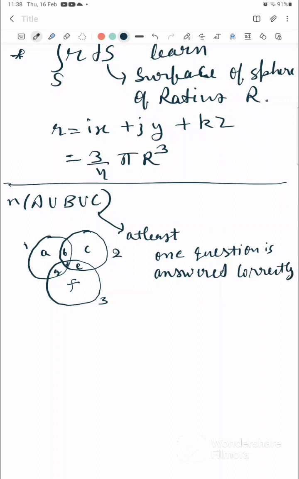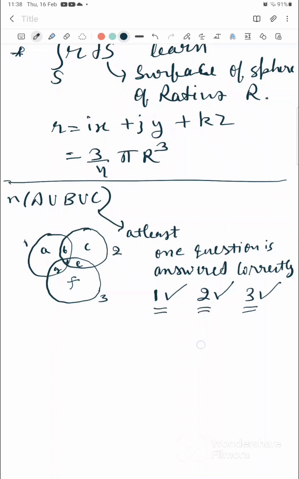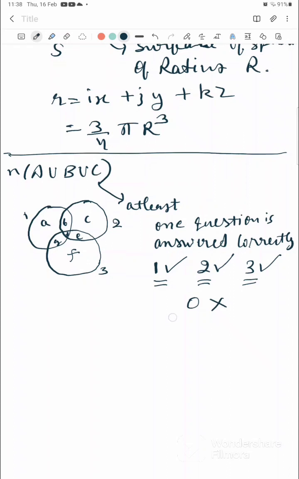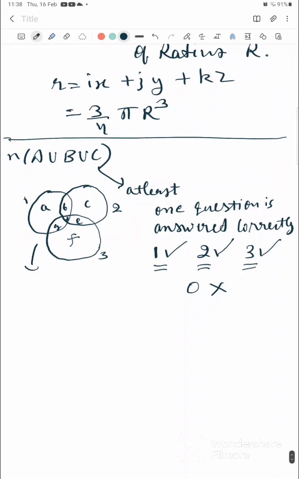Means one answer can be correct, two answers can be correct, three answers can be correct. So at least one, not zero. Zero is not the case. So this combined means A plus B plus C plus G plus D plus E plus F.